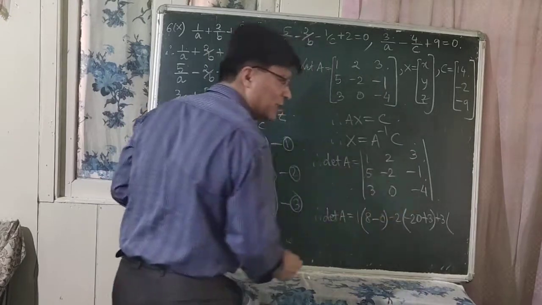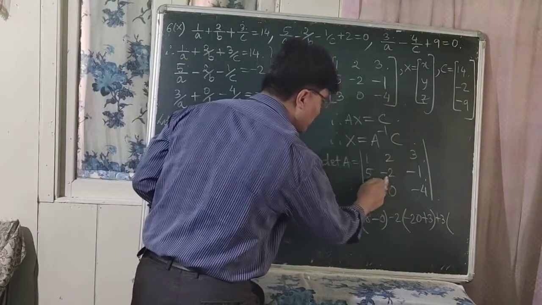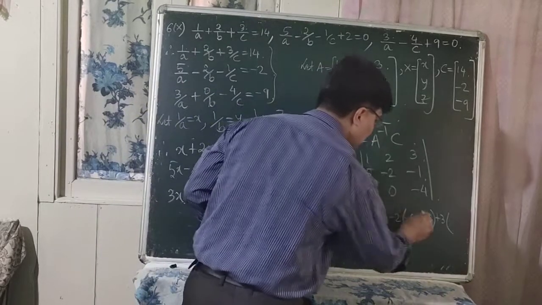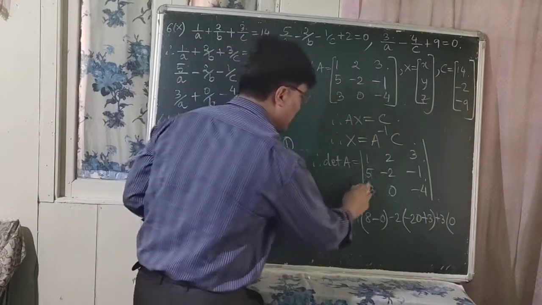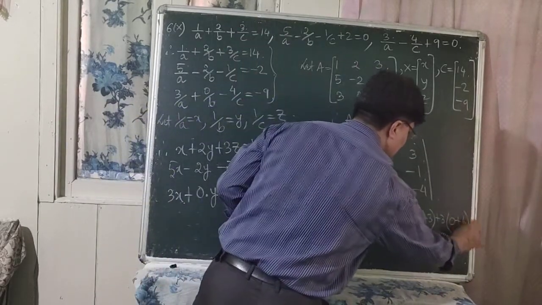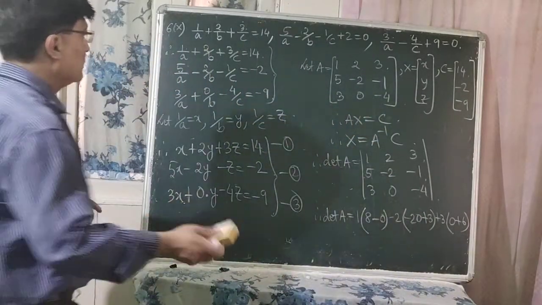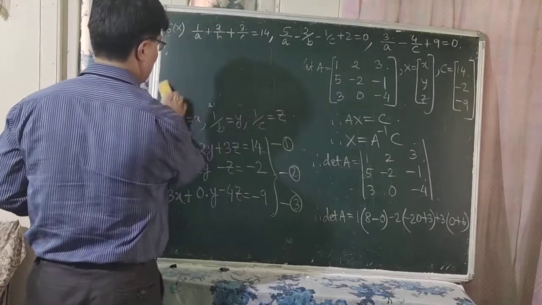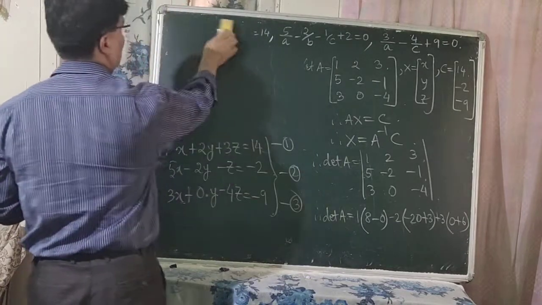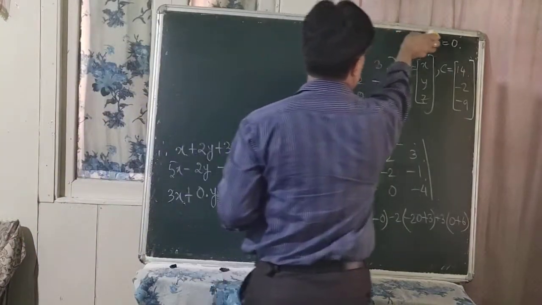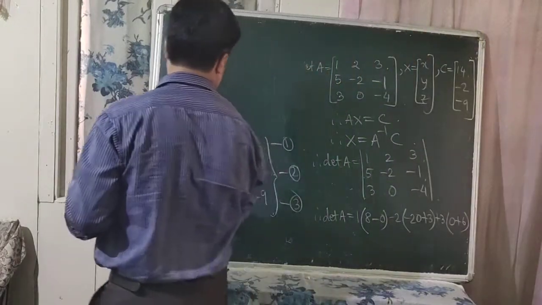First row and third column are deleted. What remains? 5, 0, minus 2, 3. So 5 zeros are 0, minus 2 into 3, minus 6. So let us simplify it.